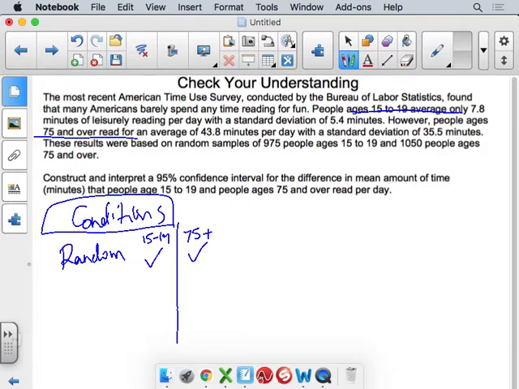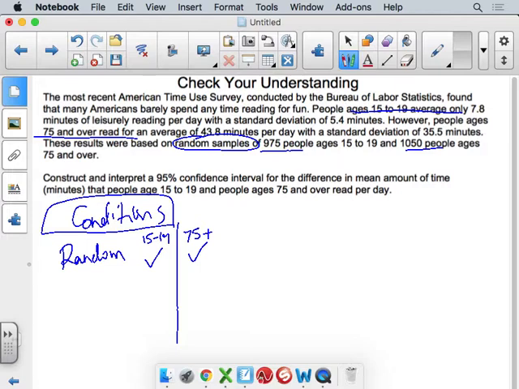Random samples of 975 and 1,000. Make sure you're checking the box for both.